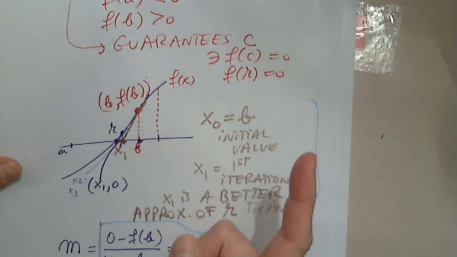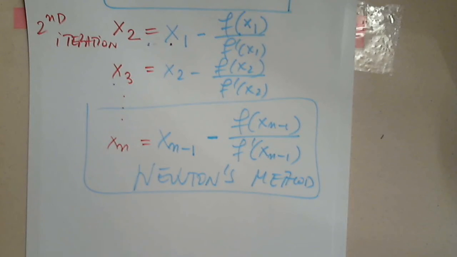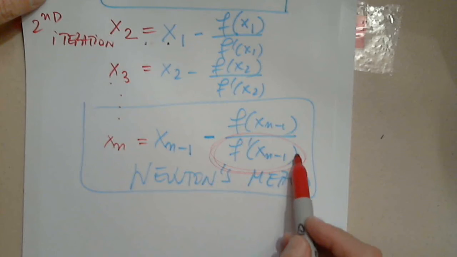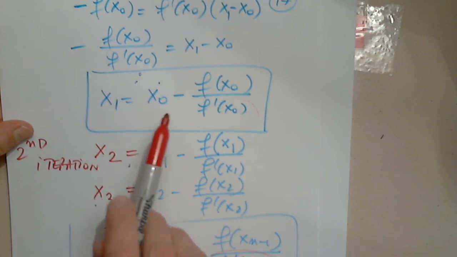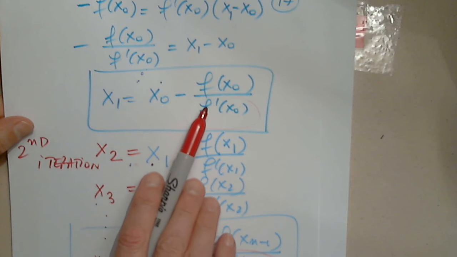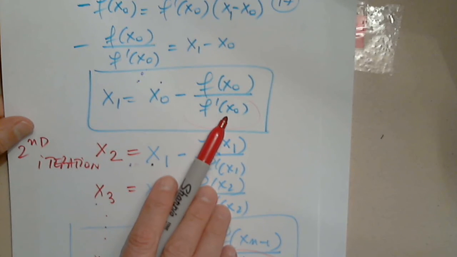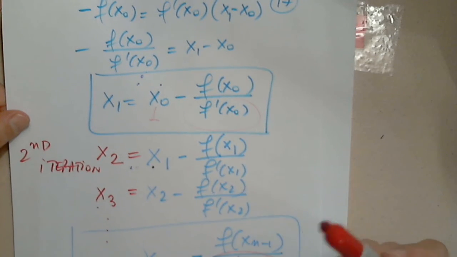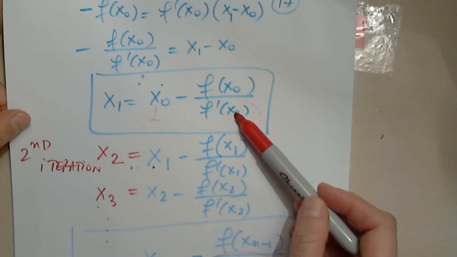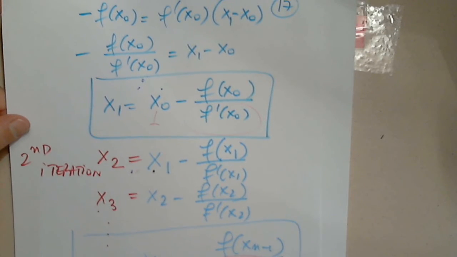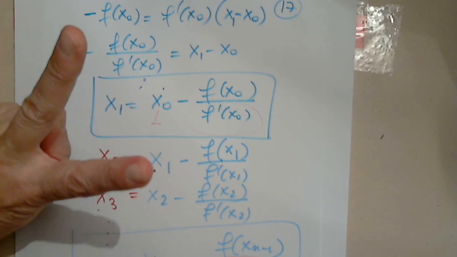That's one possible problem. The second possible problem is here. You have to make sure that you do not choose a starting point that makes f prime 0. So if I choose 1 to start with, but f prime of 1 is 0, I will not be able to solve. I will never get to the solution. So two potential problems.